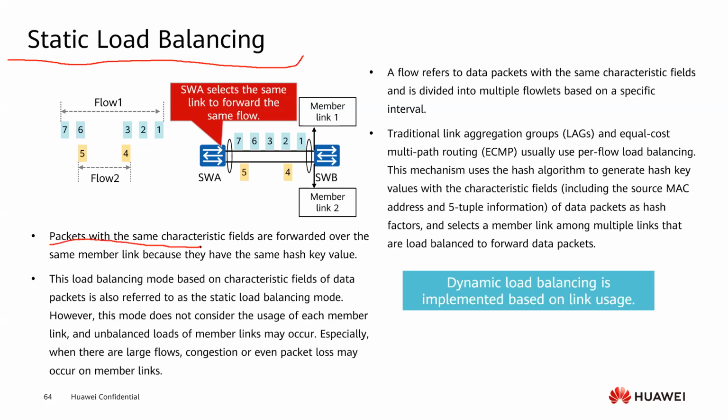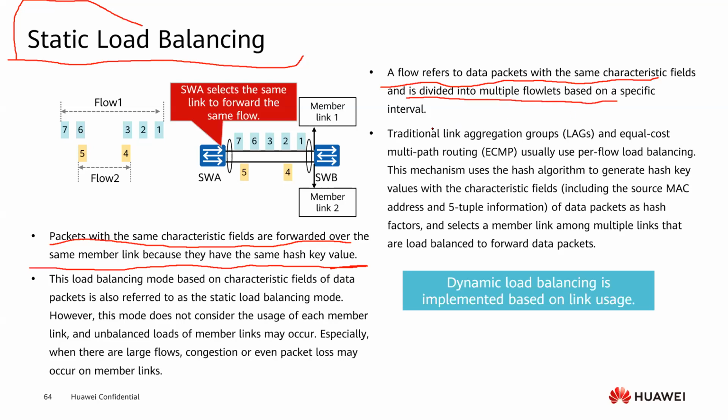Packets with the same characteristic are forwarded over the same member link because they have the same hash key value in the static load balance. A flow refers to packets with the same characteristic fields and is divided into multiple flowlets based on a specific interval.